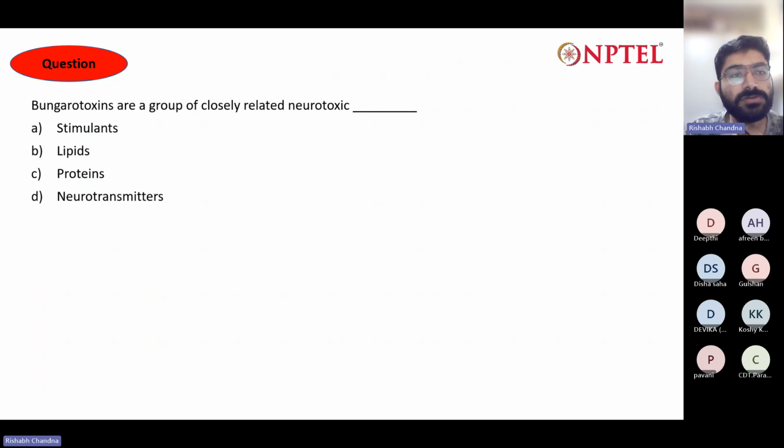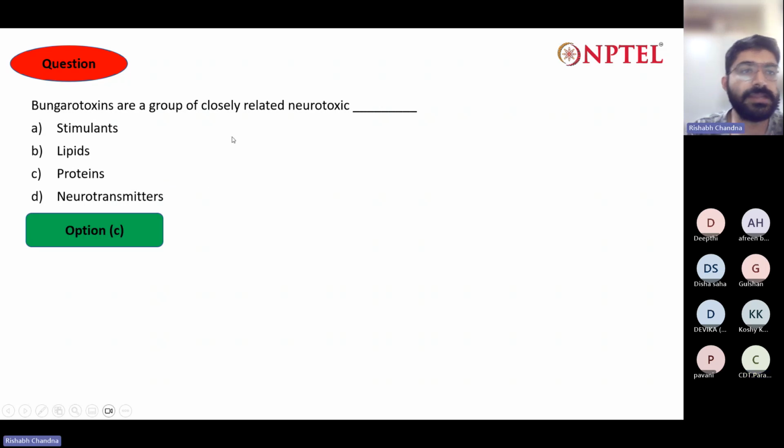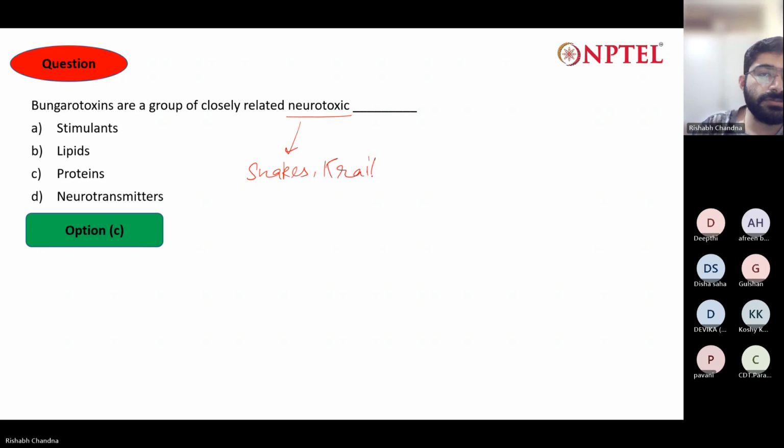So yes, it belongs to the class of proteins, and it is basically a neurotoxin that is isolated from different poisonous snakes. The name is also from the scientific name of a particular snake, and these are proteins that are nearly 73 amino acids long, and the different regions are linked with disulfide bonds.